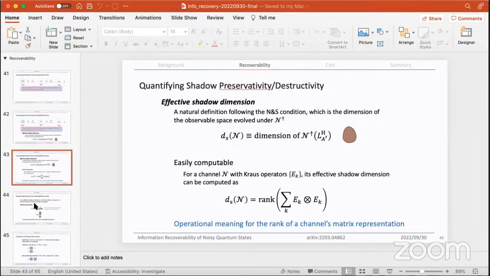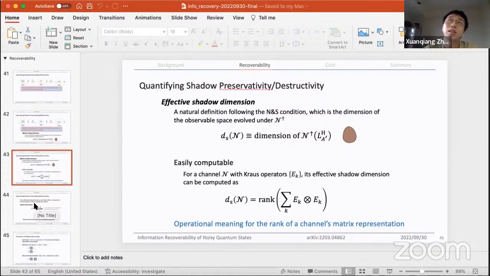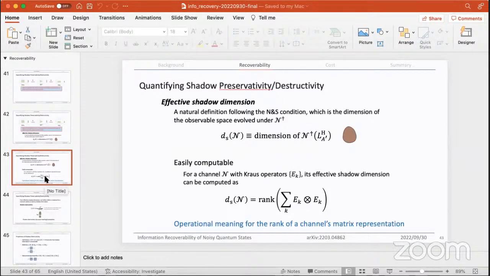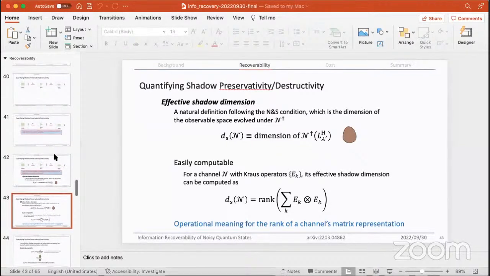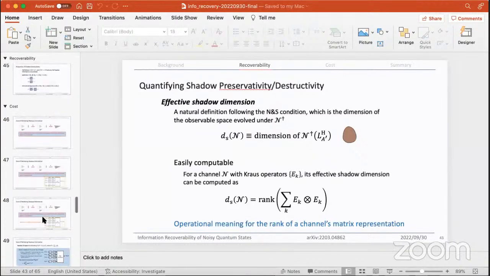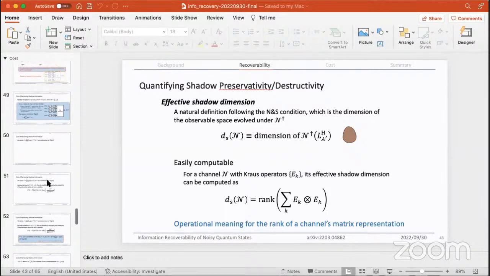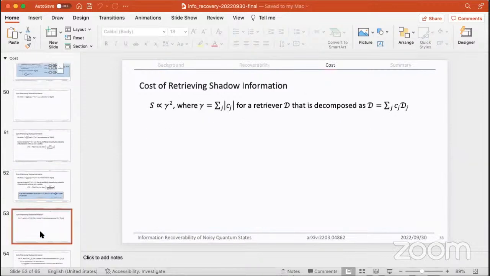So you mean that the optimal decomposition only contains two quantum channels? Yeah, there is an optimal decomposition that contains two, but there could also be optimal decompositions that contain more quantum channels, but two is enough. Okay, I see. Because in some cases the retriever map may contain a decomposition with negative coefficient, right?